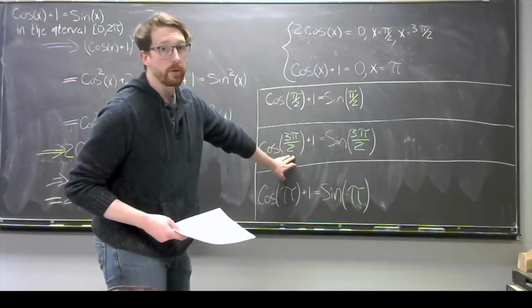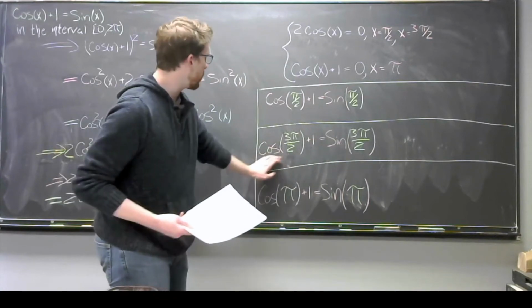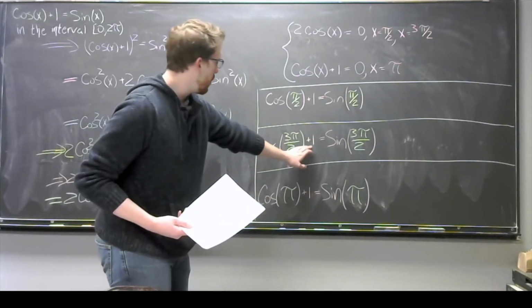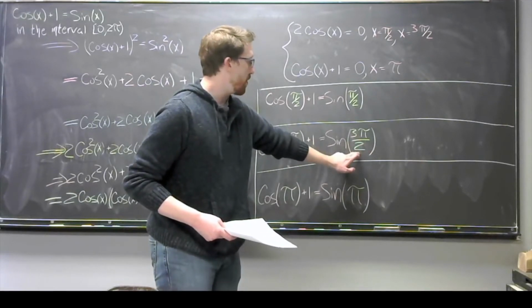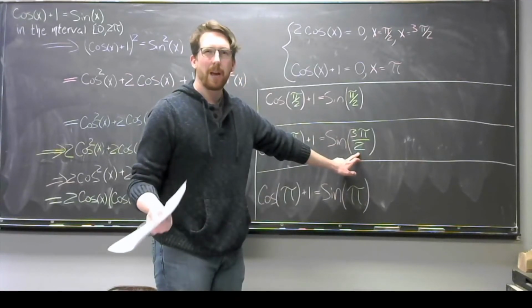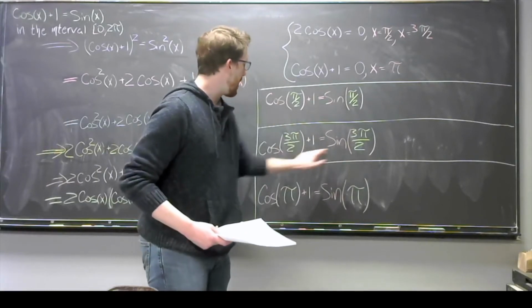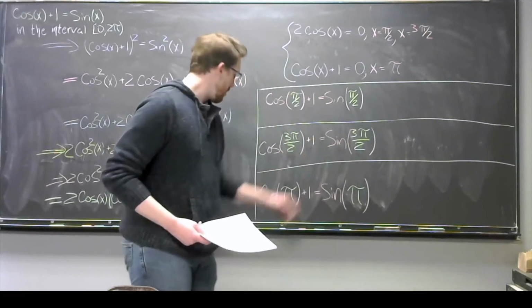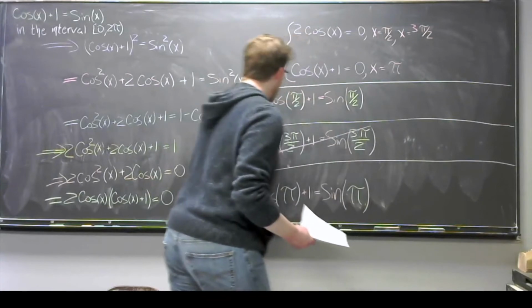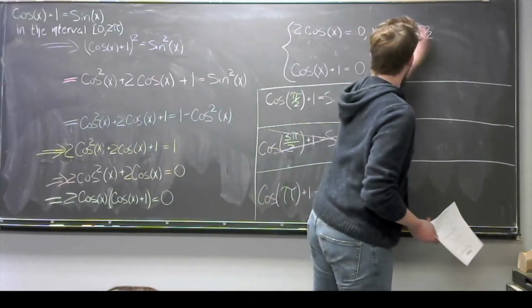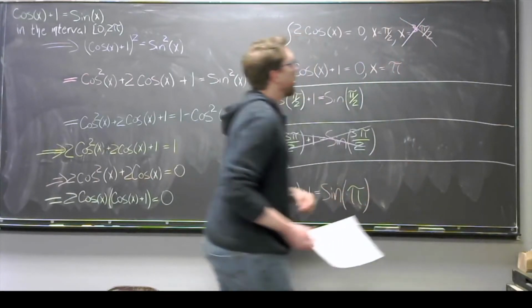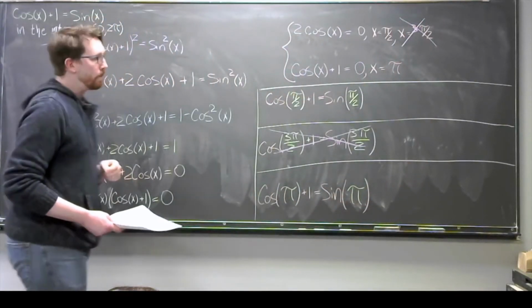Cosine of 3 pi over 2 is 0. Plus 1, that's 1. Sine of 3 pi over 2, well, that's negative 1. So we've got 1 is equal to negative 1. So this doesn't work. 3 pi over 2 is not an answer.